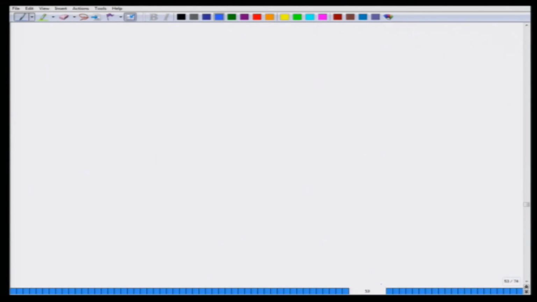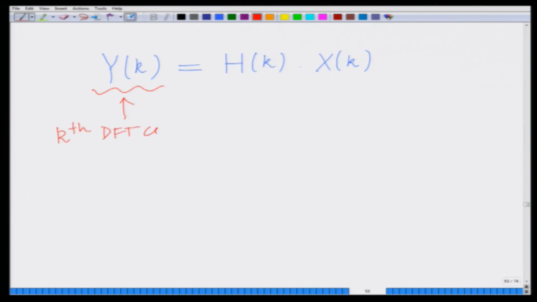Therefore, what we have now in the DFT domain is Yk equals Hk times Xk, and Yk is the kth DFT coefficient of the OFDM received signal.